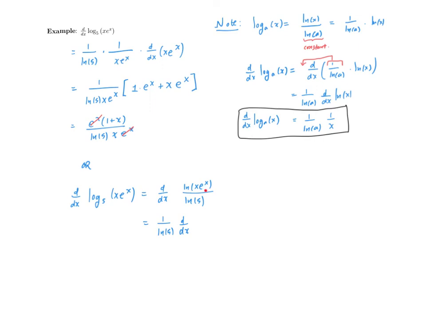Now, though, we can use properties of natural logs to rewrite. We can rewrite this as the natural log of x plus the natural log of e to the x. And remind me, what is the natural log of e to the x equal to? Simply x.